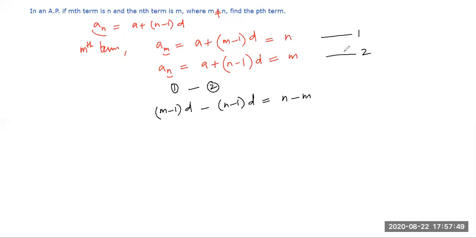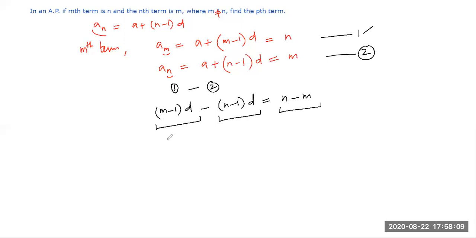Whenever you want to subtract some equation from some equation, write down the left hand side of the equation from which you want to subtract, and then the left hand side of the equation which is to be subtracted. The same thing is repeated on the right hand side.